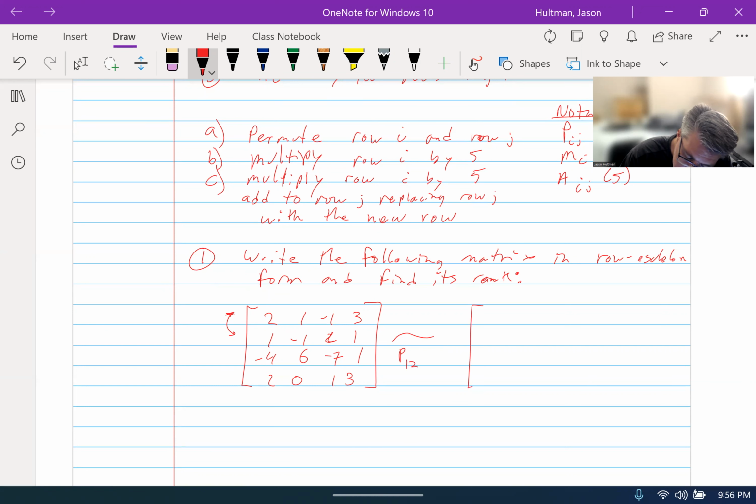And so all I'm doing is I'm just swapping those 2 rows. And so I'm going to go 1, -1, 2, 1, 2, 1, -1, 3, -4, 6, -7, 1, and 2, 0, 1, 3.